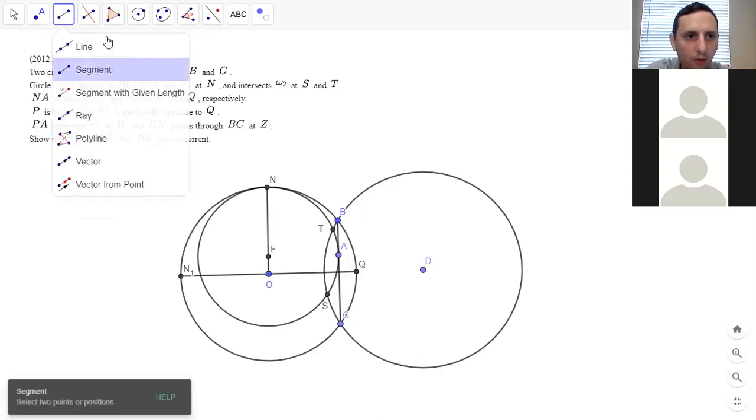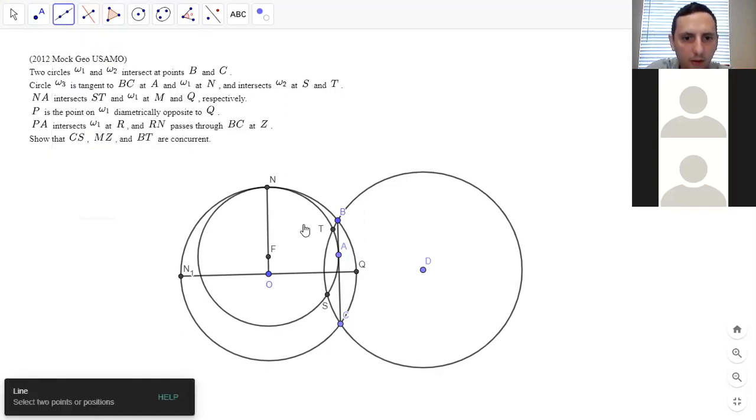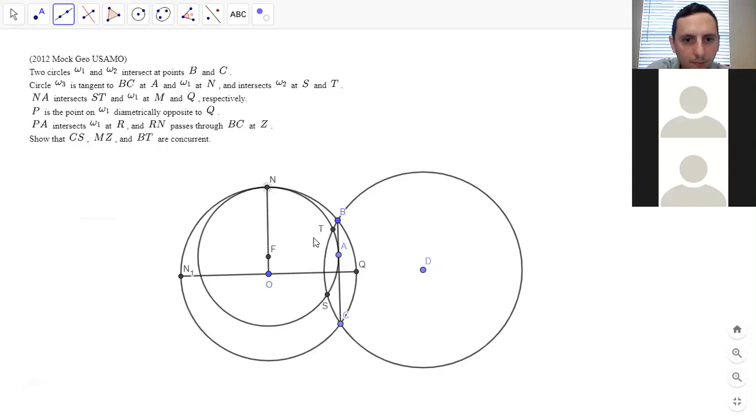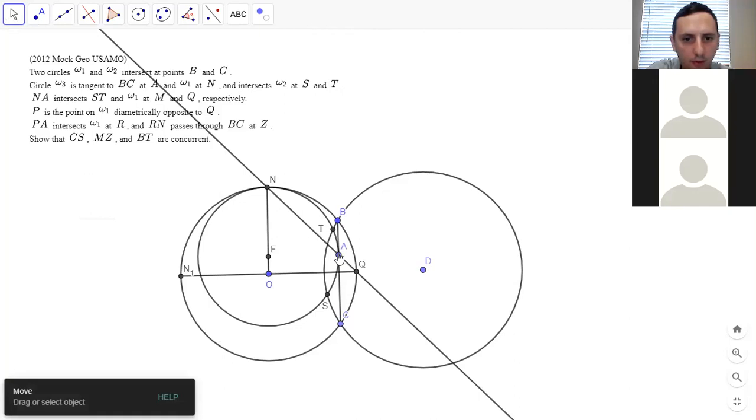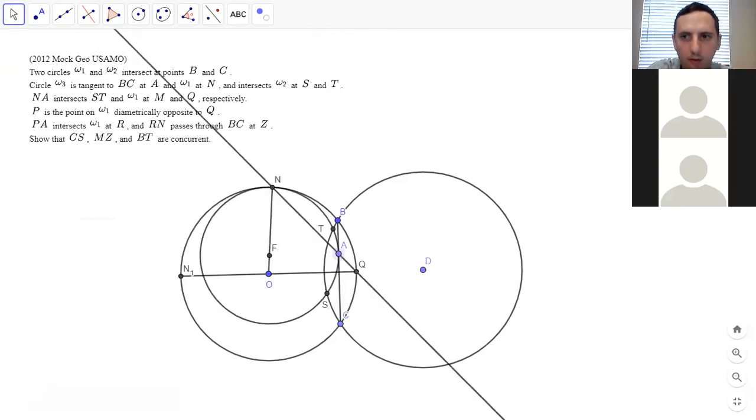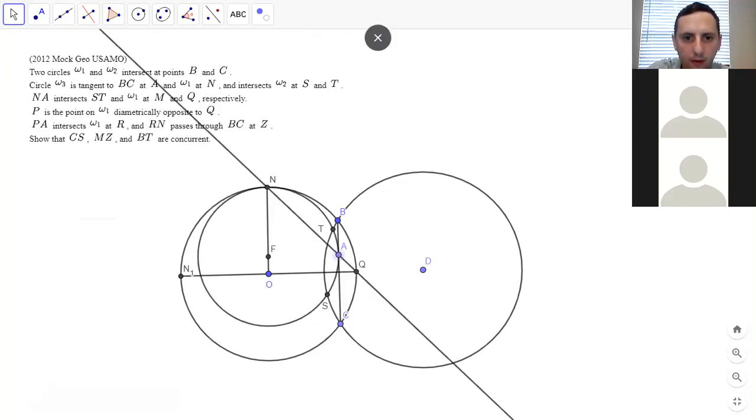Okay, so let's draw the line NA. Oh, yeah, so Q, we actually had Q, right? Q is correct, so NA and Q are collinear.